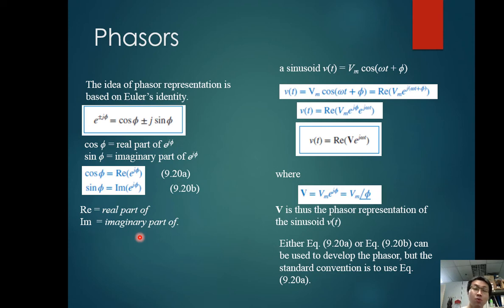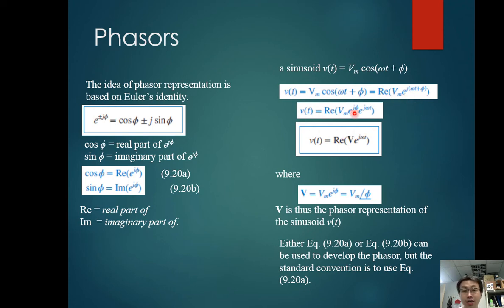What is a phasor diagram? What is a phasor? What is a complex number? So for example, now we try to put it in application-wise. If I have a voltage v(t) equals Vm times cos(omega t plus theta), we can write it in phasor form. So we can write like this: real part of Vm exponential j(omega t plus theta).